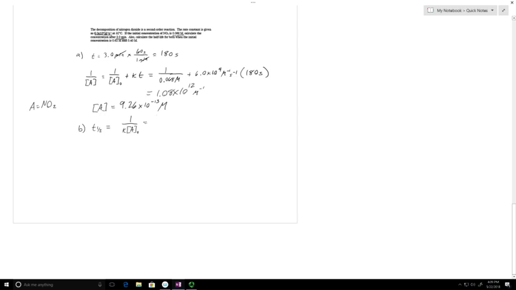Okay, so if we were to do this out, for the first term we could say 1 over 0.62 molar times 6.0 times 10 to the 9th per molar per second, which will give us the proper units as molar and per molar will cancel, and we'll be left with per seconds in the denominator, which will give us a final result of seconds.